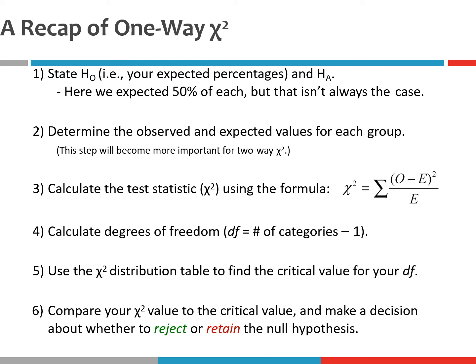Okay, and then you're going to compare your obtained chi-square value to the critical value that you found in the table and make a decision about whether to reject or retain the null hypothesis, right? So if your obtained chi-square value is bigger than the critical value, then you reject the null hypothesis, whereas if it's smaller, then you retain the null hypothesis.